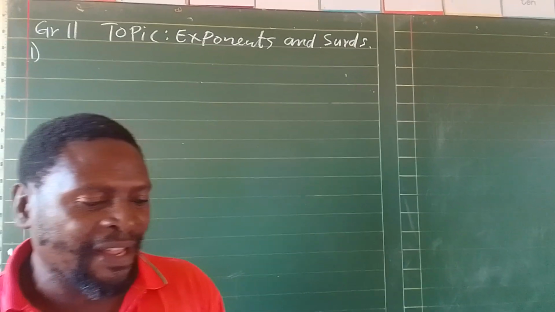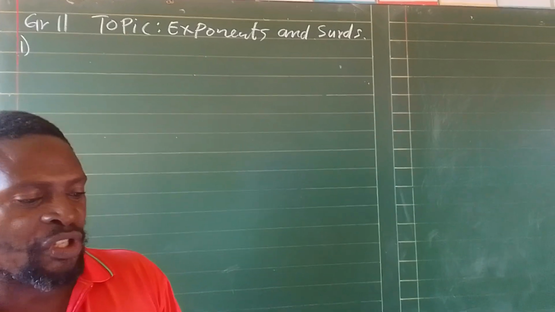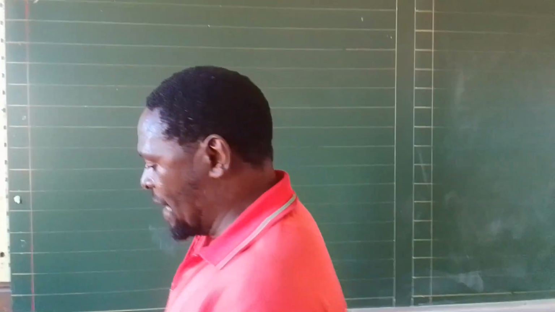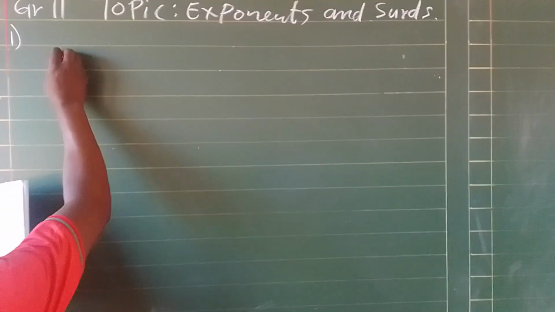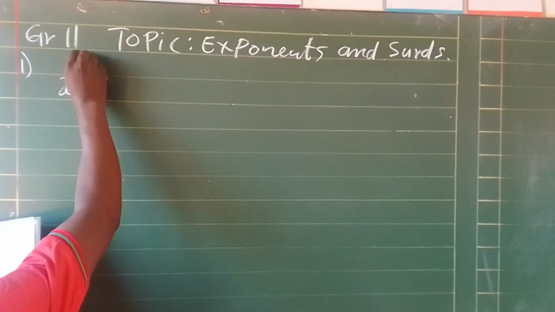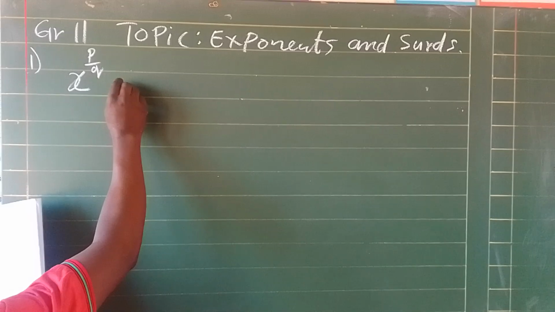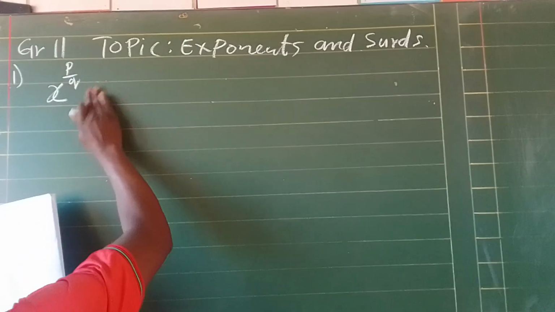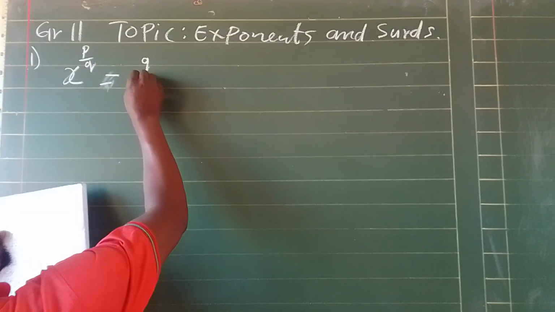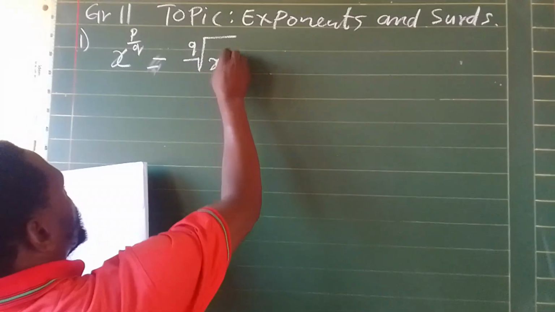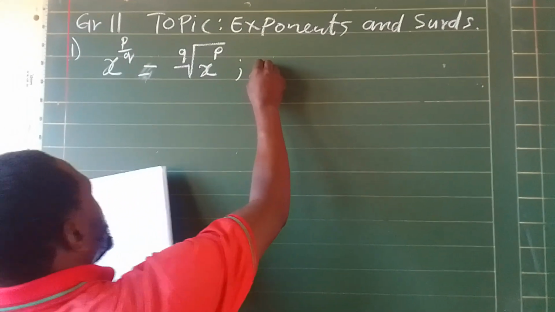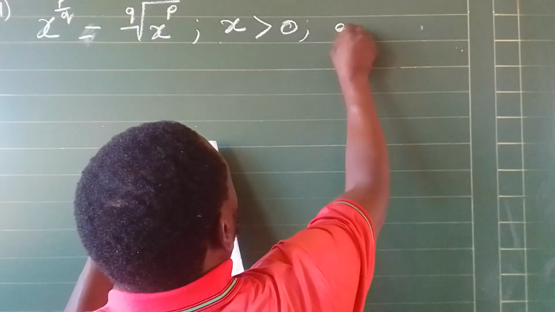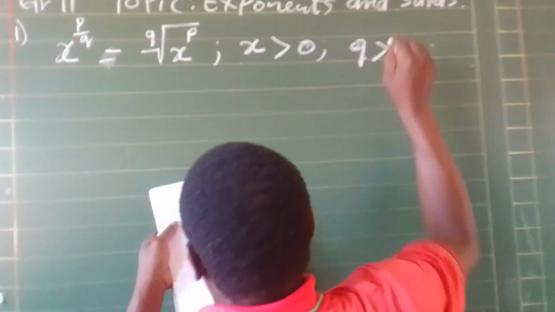Today you must be able to simplify, express and solve equations using the laws of exponents for rational exponents, where we are given that x to the power p over q is equal to the q-th root of x to the power p, where x is greater than 0 and q is greater than 0.